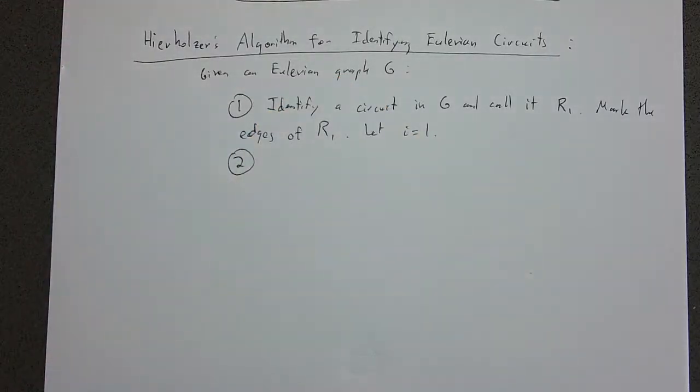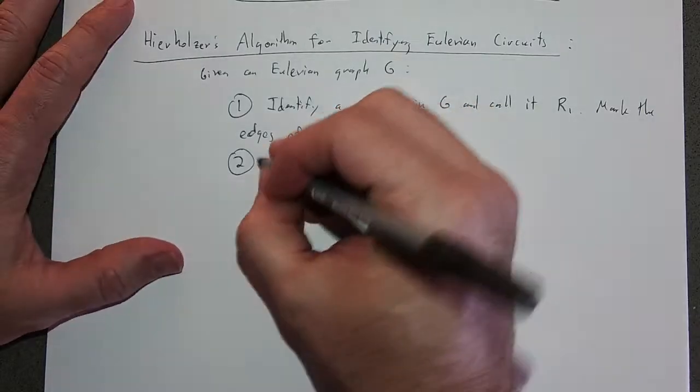So next step. If R sub I contains all edges of G, then stop. We have found the Eulerian circuit, right?